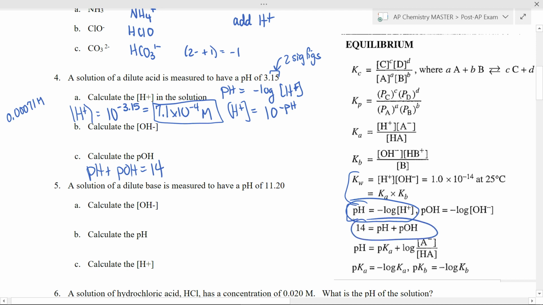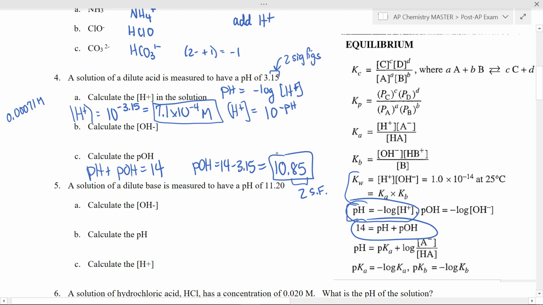That's this relationship right here. So to find pOH, I'm going to take 14 minus my pH. I'm going to assume that this 14 has an infinite number of sig figs, so my answer is still going to have 2 sig figs, if you're curious about my sig fig steps here. So the pOH is 10.85.